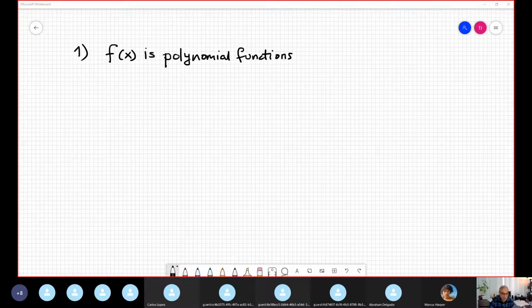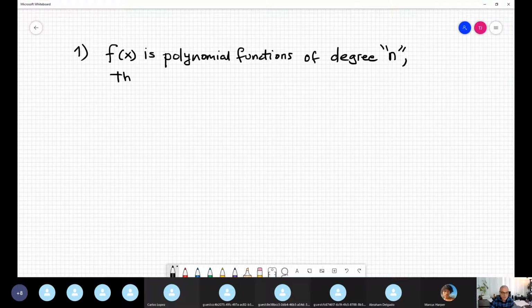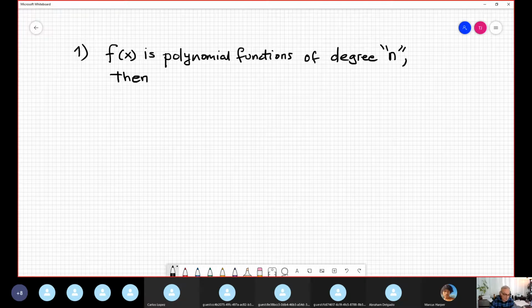Okay, suppose you have a polynomial function of degree n. That means then f of x has n zeros.